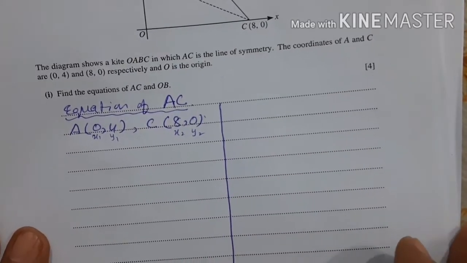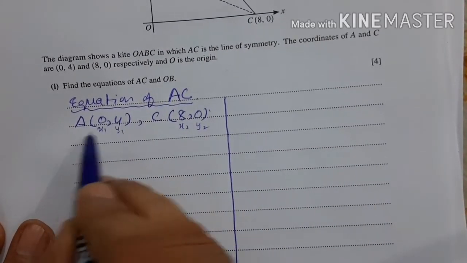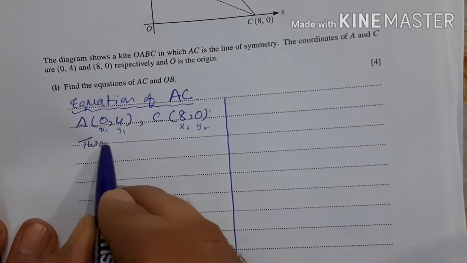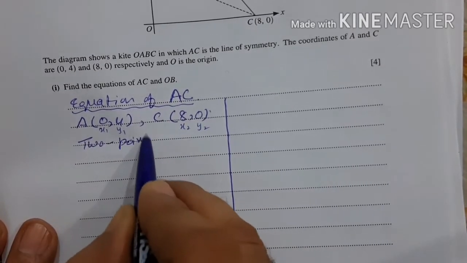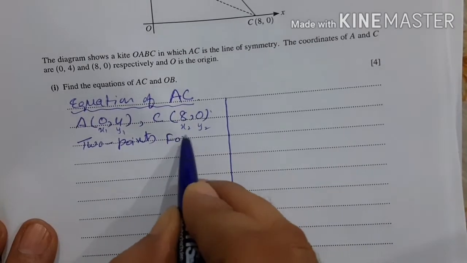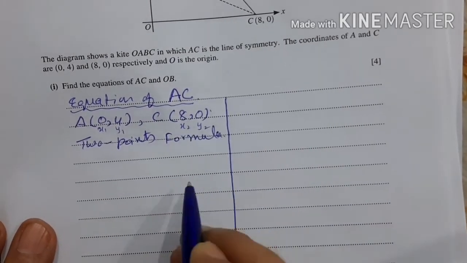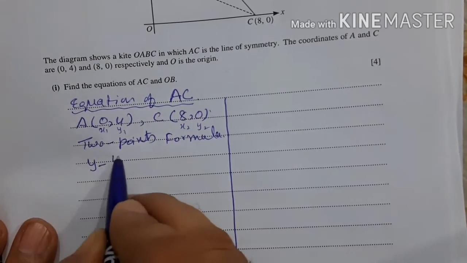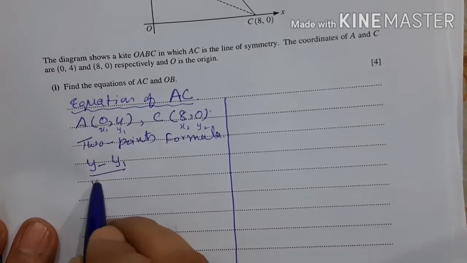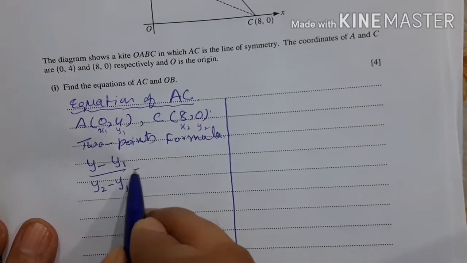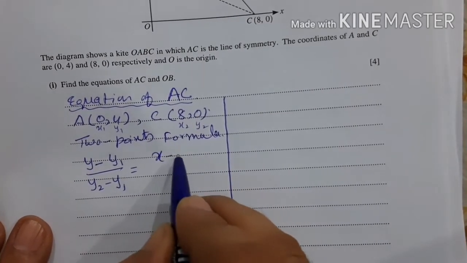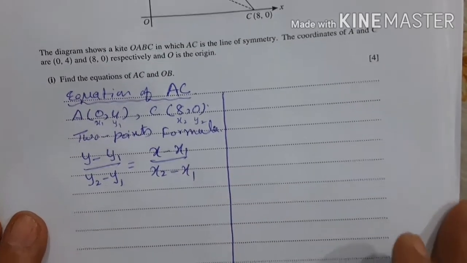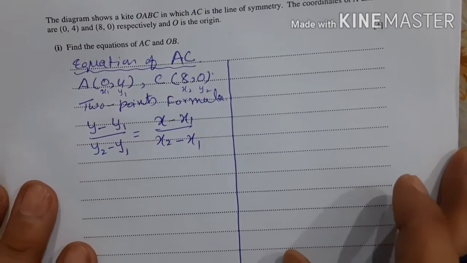So I'll use the 2 points formula for the equation of a line. I hope everyone knows, which is y minus y1 over y2 minus y1 is equal to x minus x1 over x2 minus x1.